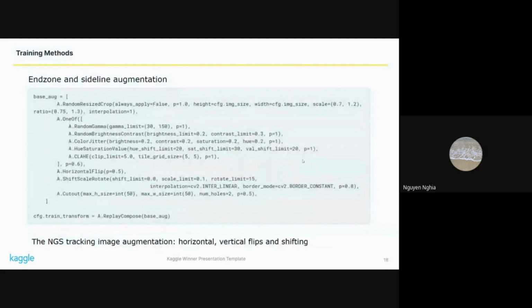For the training method, for augmentation on end zone and sideline images, I apply random resized crop and some color augmentation, horizontal flip, shift scale rotate, and cutout. For the NGS tracking image, I apply horizontal flip, vertical flip, and shift in the location.